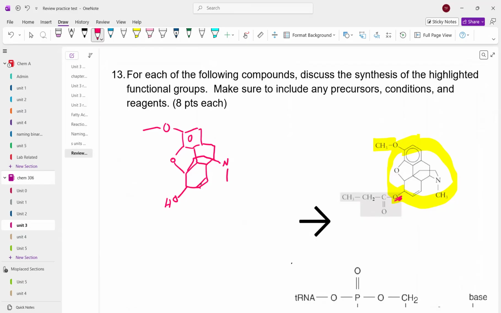Kind of a wild alcohol, but it's what it is. Okay, and so this is going to be the acid part here. Okay, it's a 3-carbon acid. So it's going to be plus 3-carbon acid.